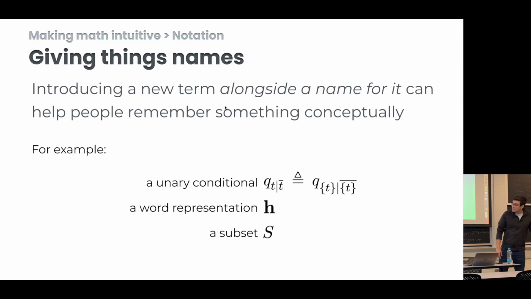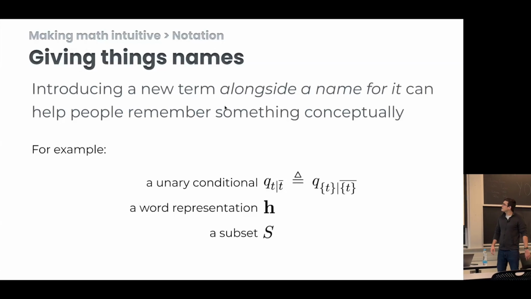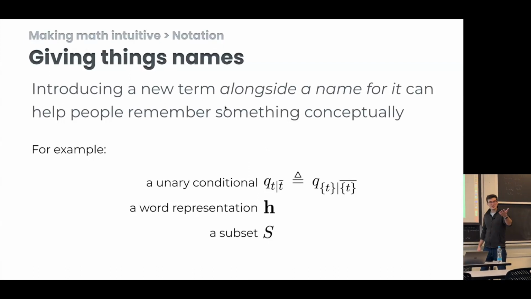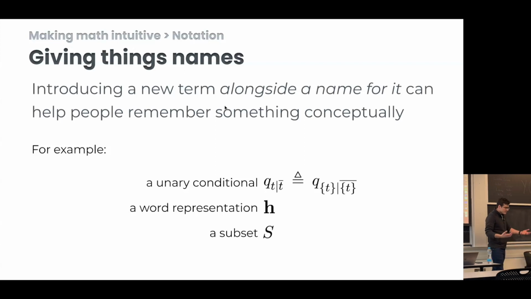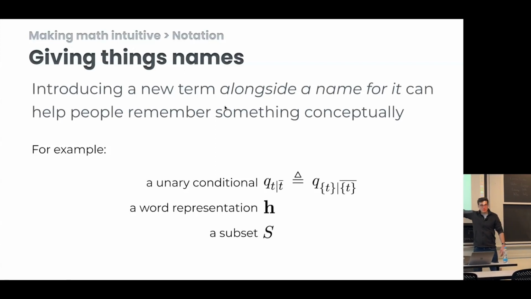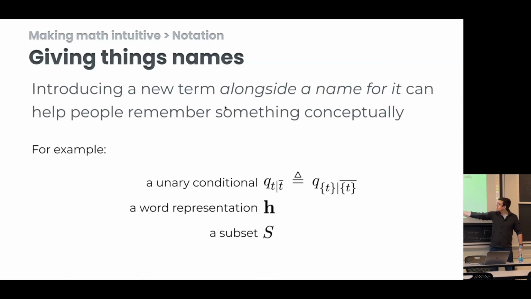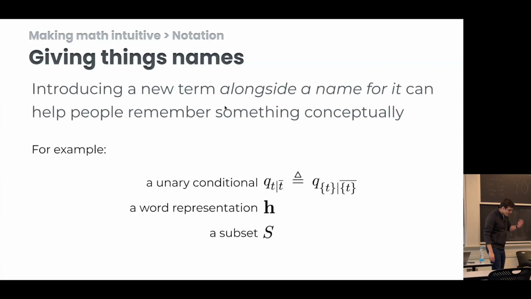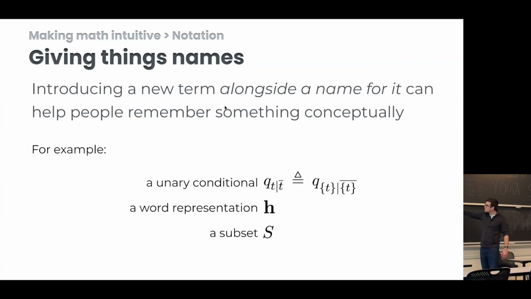Okay, another one is just giving things names. Another experiment that might be interesting is to take a paper and introduce a bunch of symbols to denote different things, but not actually give them names. Just say, we define H to be this, we define S to be this.